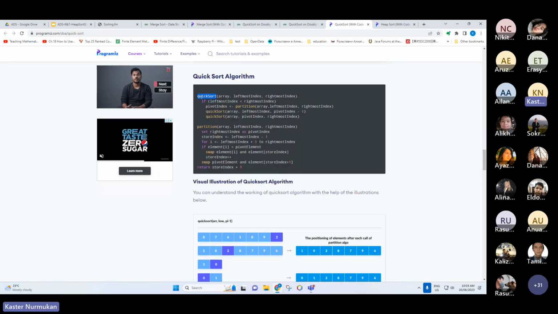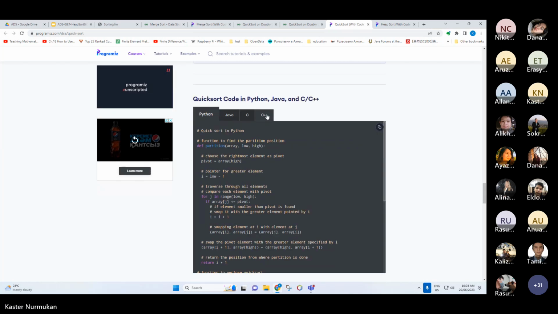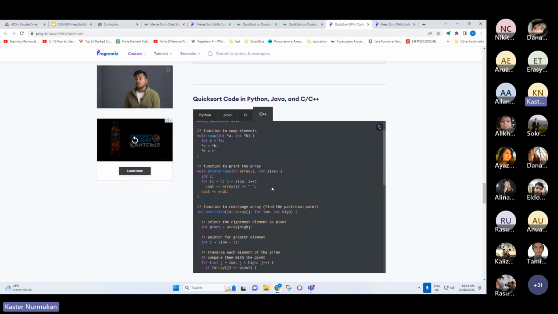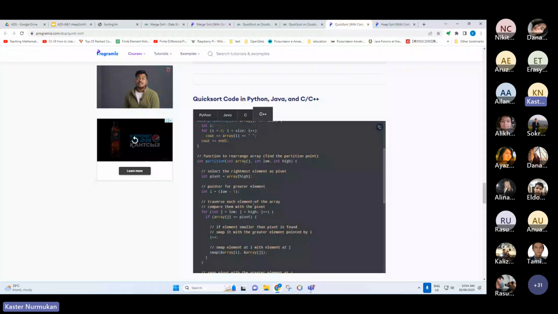There should be Quicksort and partition. There are two elements: one is the partition, another is the Quicksort itself. These are the two important steps of the algorithm. As I said, in partition you try to find the minimum value and the maximum value.